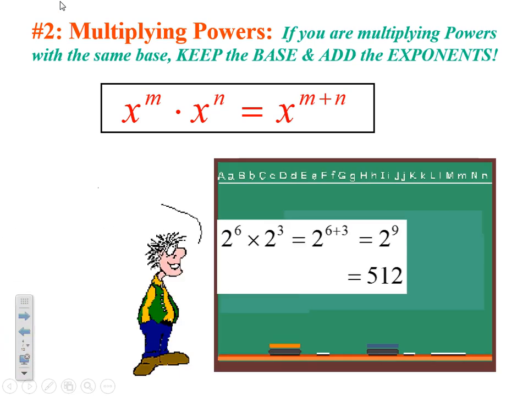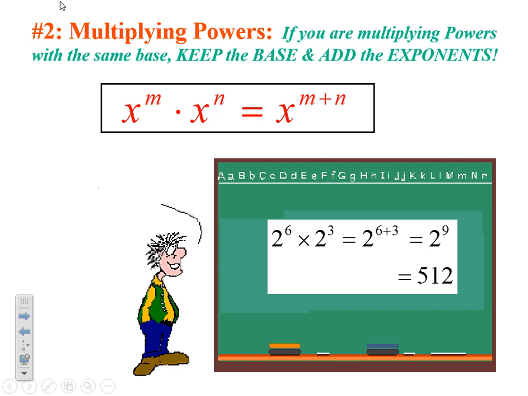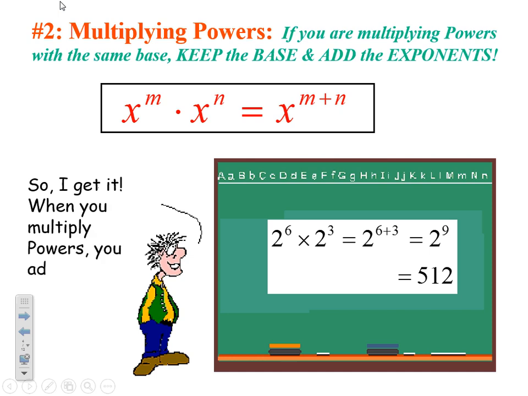Now, an example of that is going to be 2 to the 6 times 2 to the 3rd, which is going to equal 2 to the 6 plus 3, or 2 to the 9th. If I type that in my calculator, I'm going to get 512. So I get it! When you multiply powers, you add the exponents. But it's important to remember they have to have the same base, okay? Same base.